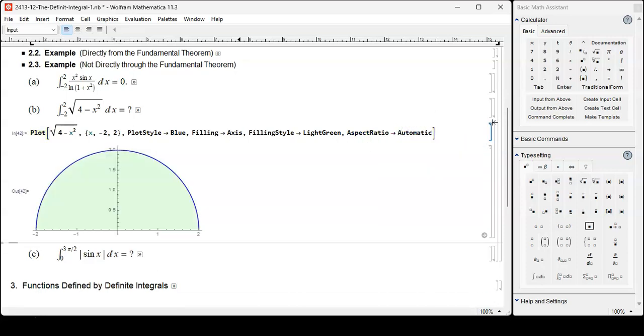Adjusting the viewpoint and the aspect ratio to true scale actually helps. And what do we see? We have a circle. Exactly, not a circle, actually half a circle. So the area is going to be half of the area of the circle.